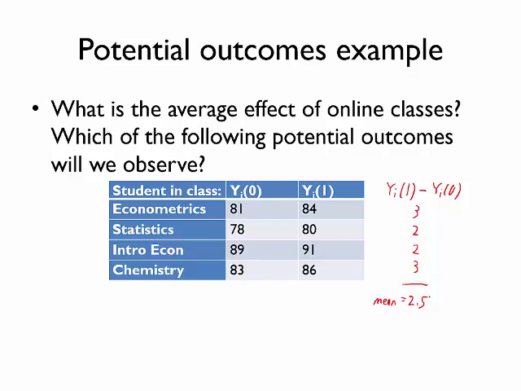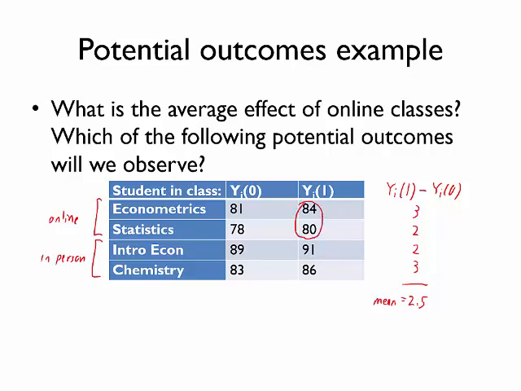Let's suppose for a moment that econometrics and statistics were offered online and intro econ and chemistry were offered in person. If econometrics and statistics were offered online, then we are going to observe these two numbers.